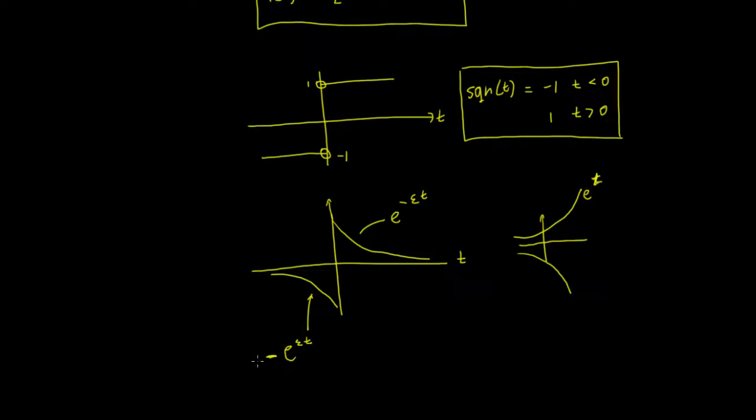We're only defining that for values of t less than 0, so we're just going to get rid of the part of it that's positive. So we're only left with just this negative part here. And the same for the positive.